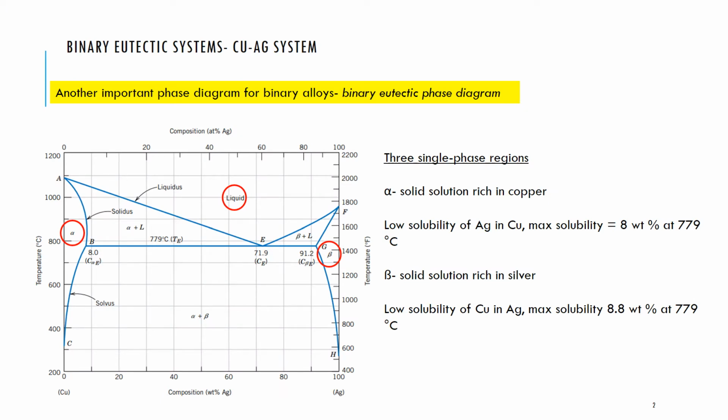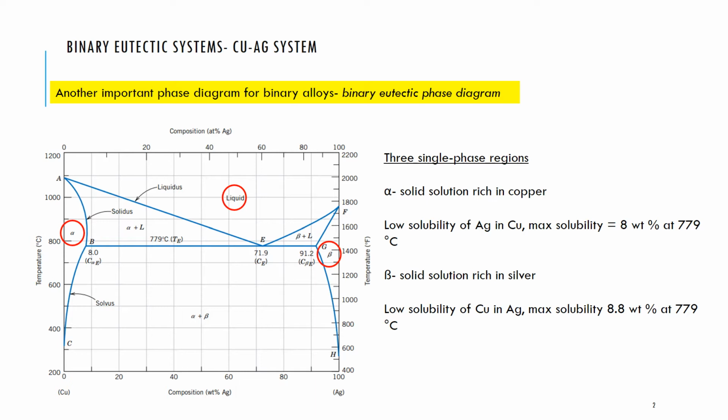So let's have a look at this system here. It's another important binary phase diagram, known as a binary eutectic phase diagram, and we'll see why as we progress. But we'll start by having a look at some of the common features between this and the phase diagrams that we've been studying so far.